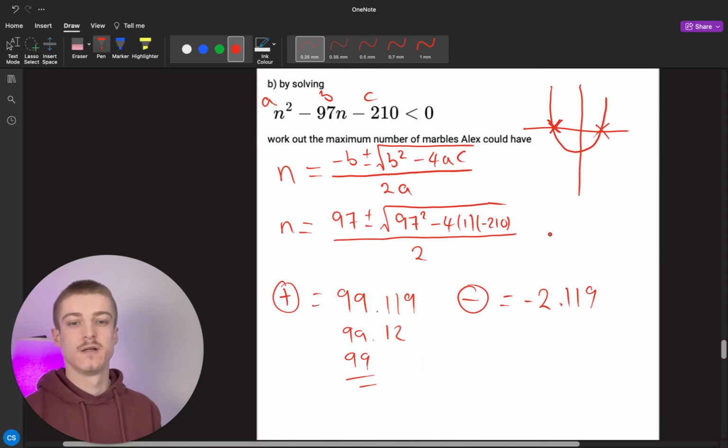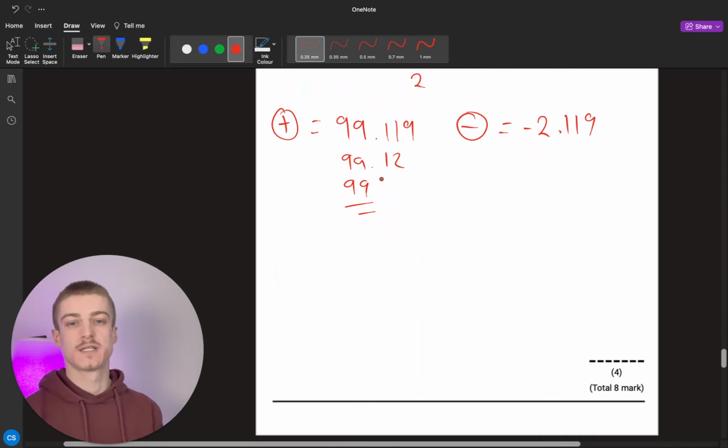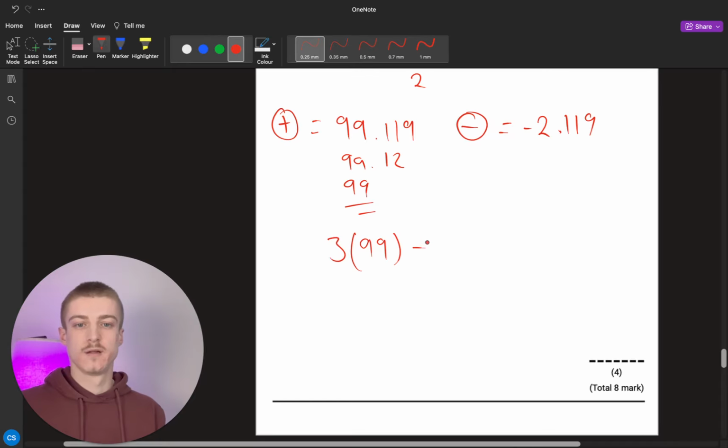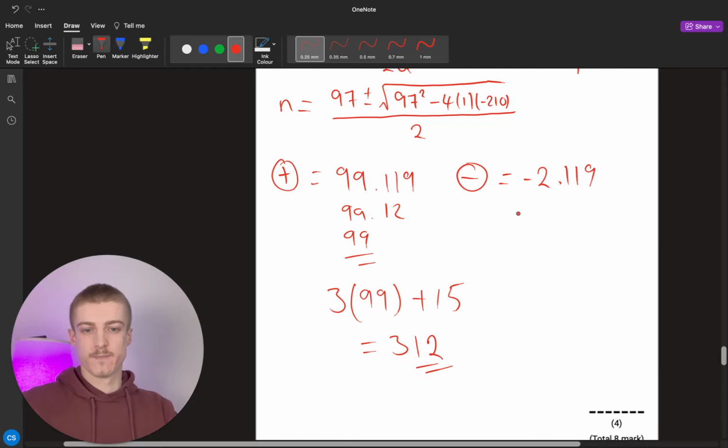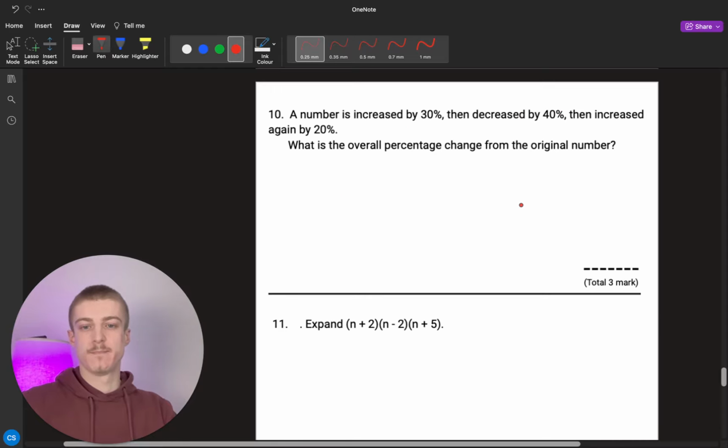And this is our final number, the overall percentage change from the original number. If we do 93.6 minus 100, we're left with minus 6.4, which is minus 6.4%. So the overall percentage change from the original number is 6.4% decrease.